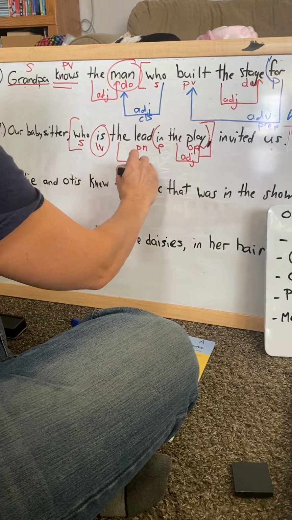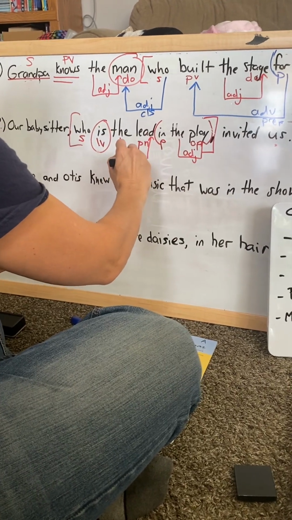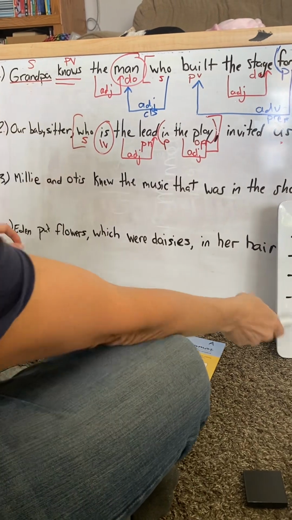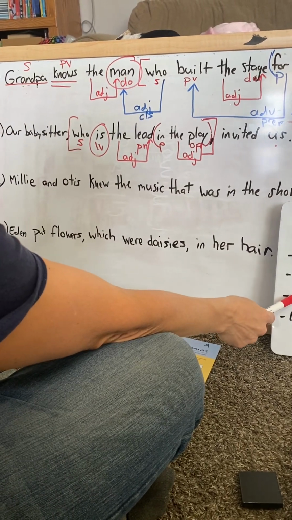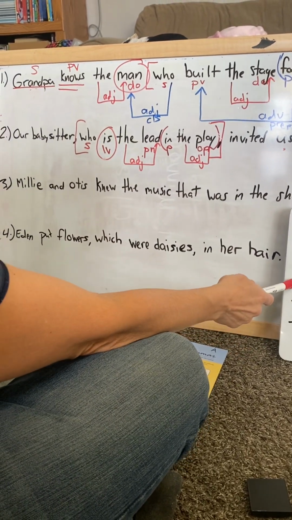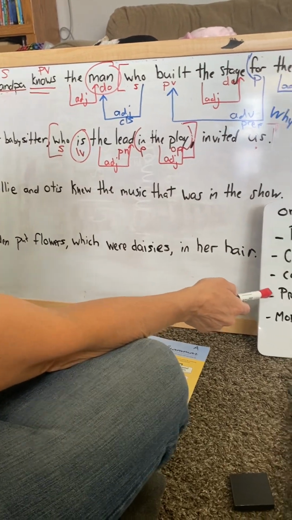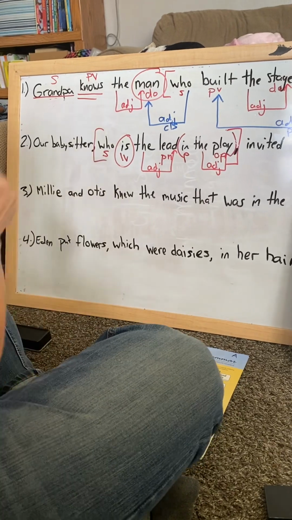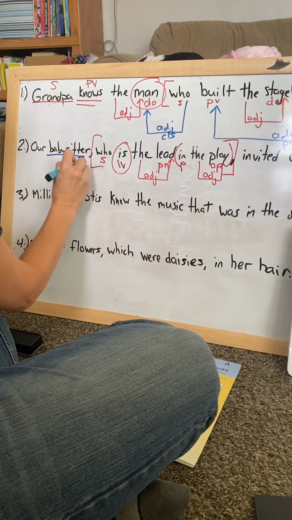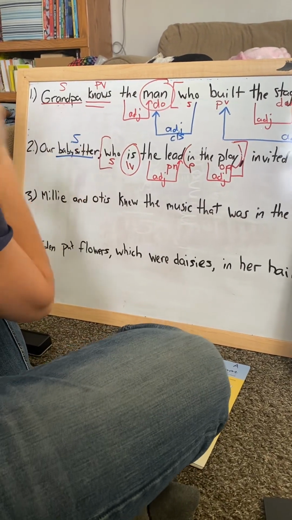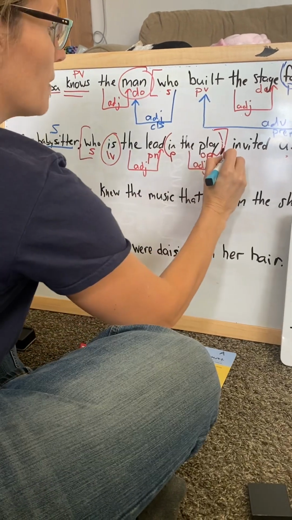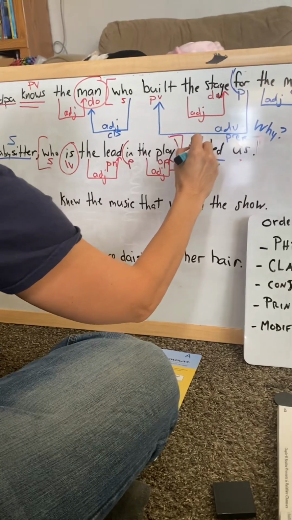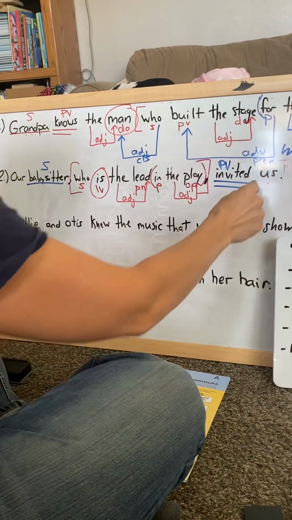And this, of course, is just our adjective. Okay? Now we're going to look at our principal elements. I don't see any conjunctions. It's not a compound sentence. So our babysitter. Babysitter is our subject. Invited, that's our predicate verb. Invited who or what? Us.